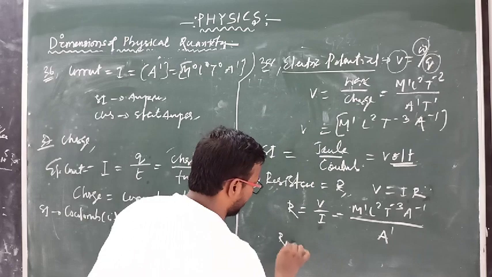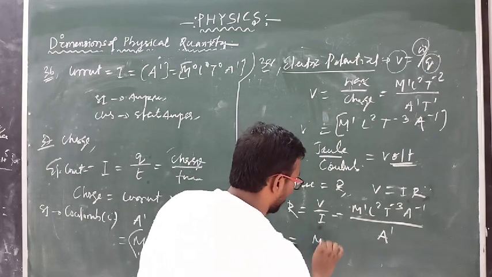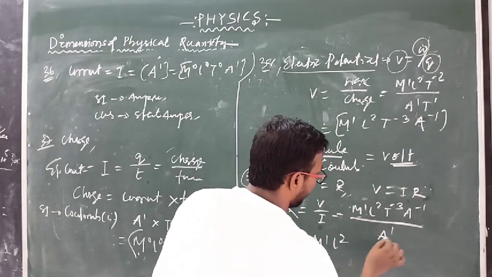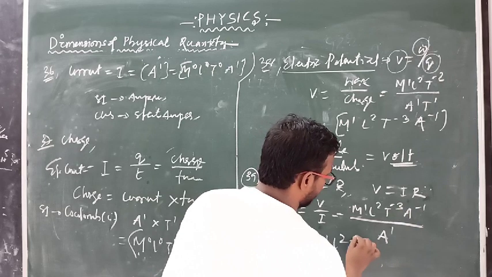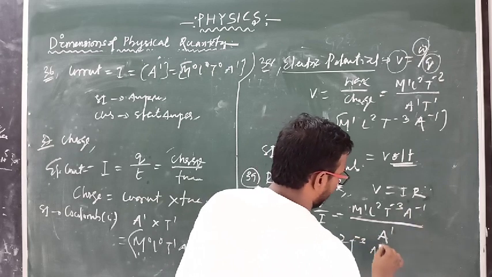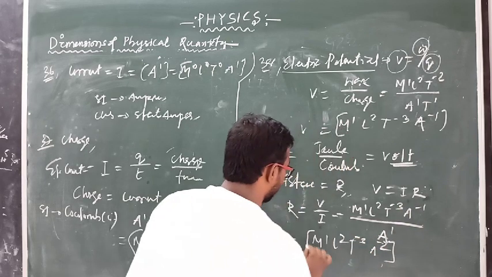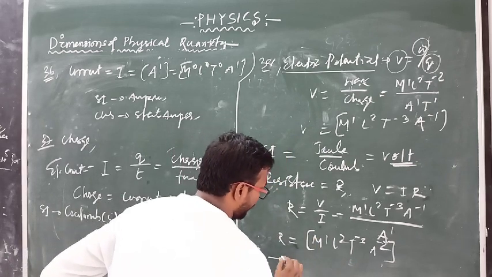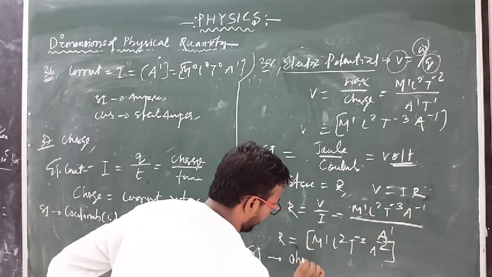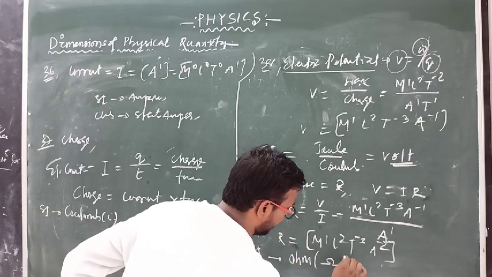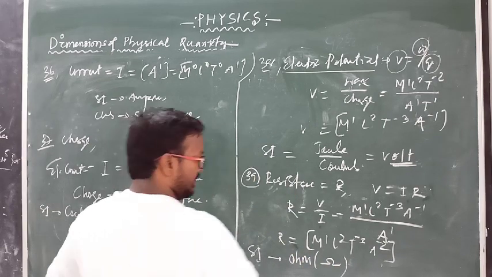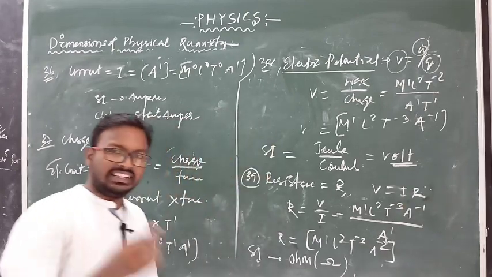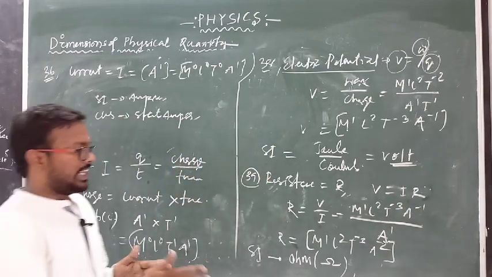So the dimensional formula is R equal to M1 L2 T minus 3 A minus 2, the dimensional formula of resistance, and its SI unit is ohm, or the symbol you can write is Ω. Clear? Or CGS unit, statohm, etc. You will study in your second year chapter.